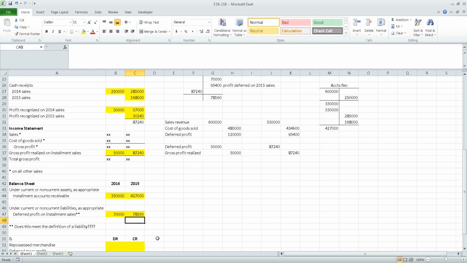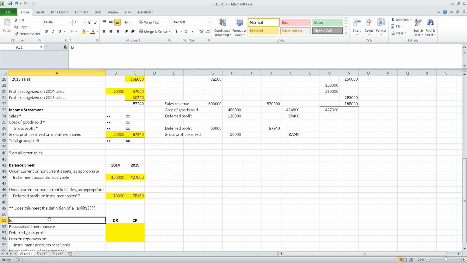Okay, now the last thing before we get to part B of the problem is I ask you whether or not you think this deferred profit account meets the definition of a liability. We are reporting it on the liability section of the balance sheet. Does it meet the definition of a liability as established in the conceptual framework of accounting?